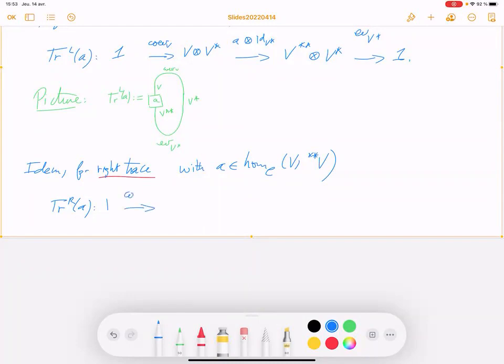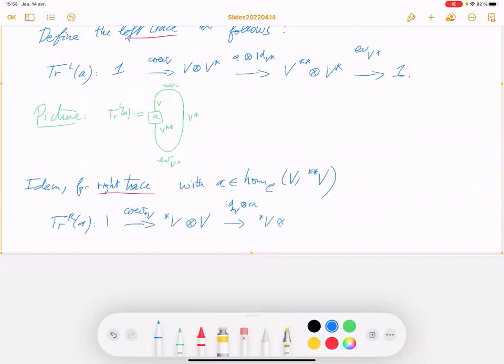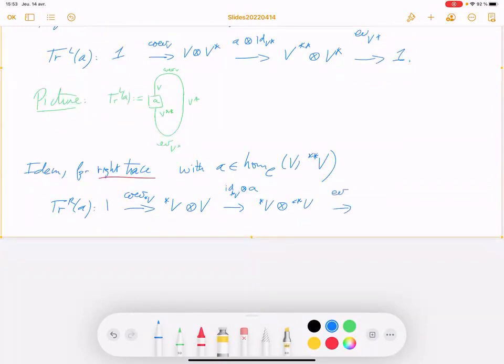You apply co-evaluation of the right dual of V, and you get right dual of V tensor V. You apply here identity of right dual of V tensor A, and you have right dual of V tensor double right dual of V. And finally, you apply the evaluation map on the double right dual of V, and you come back to 1.